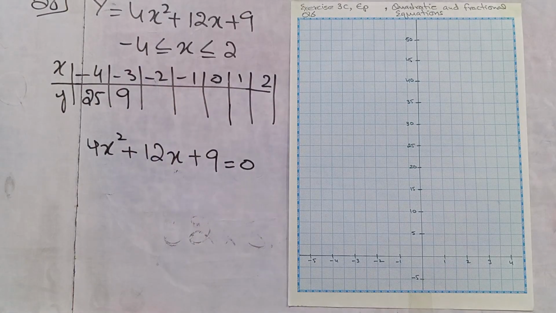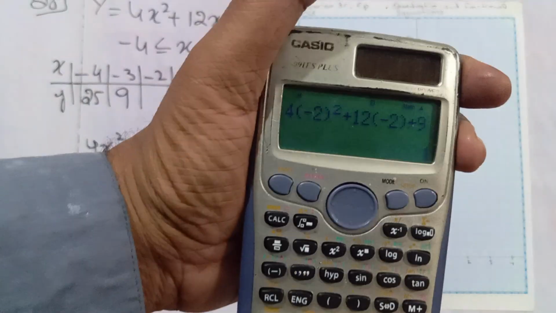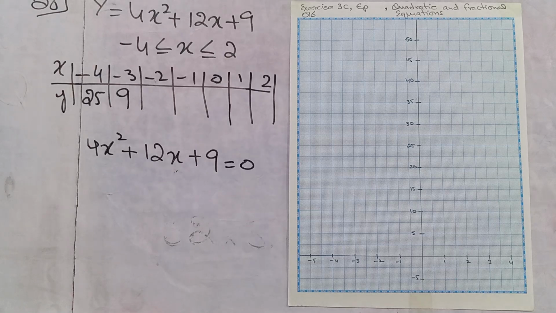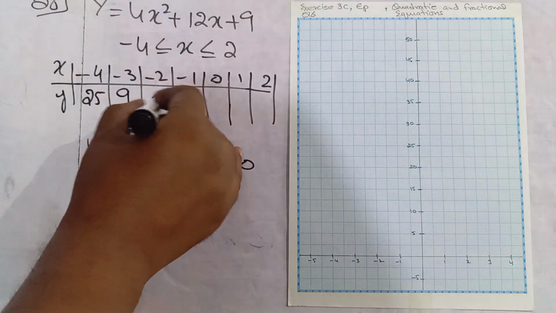Then 4 bracket minus 2 bracket close square plus 12 bracket minus 2 bracket close plus 9 equals, and that gives you 1.